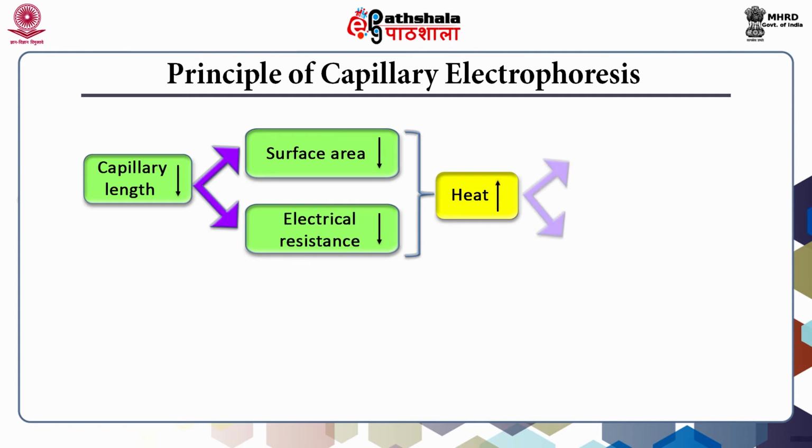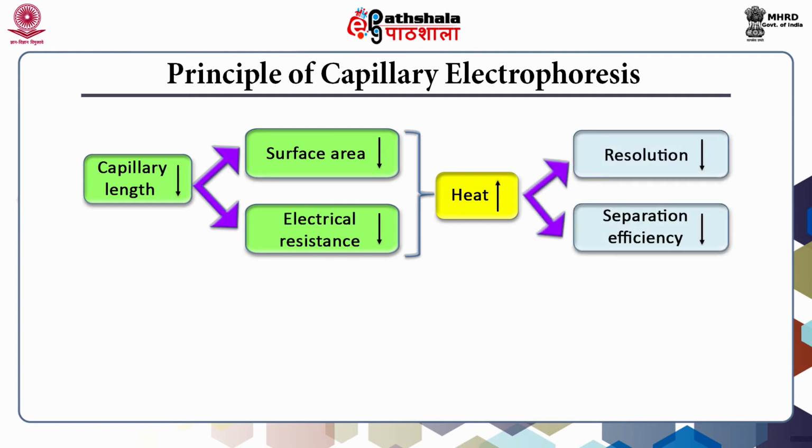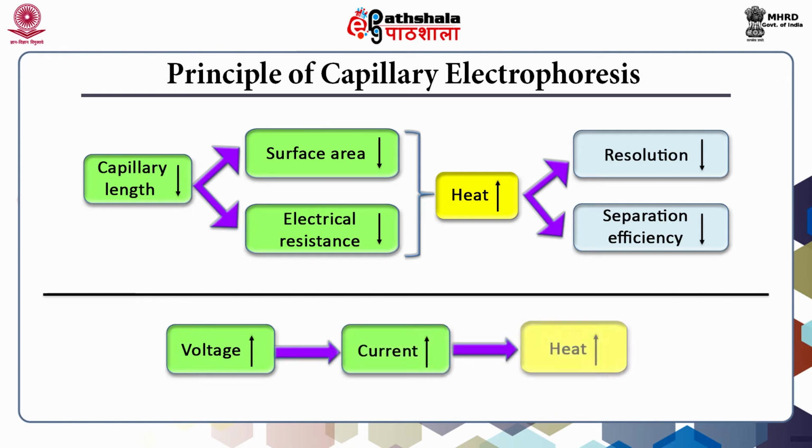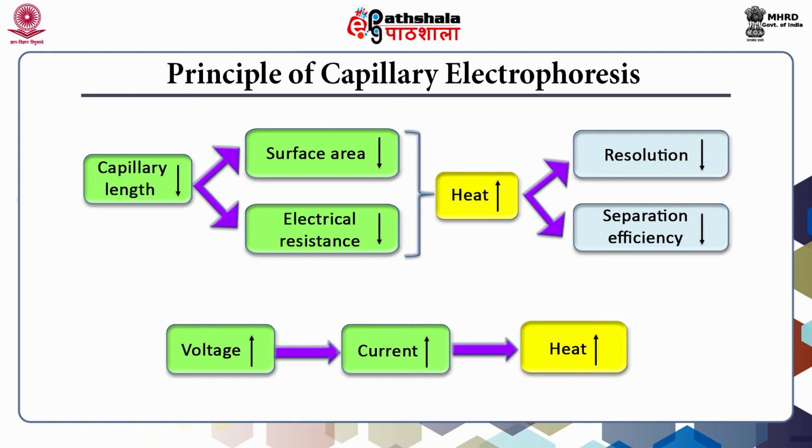This will cause poor resolution. For a fixed length of capillary, if voltage is increased, it will result in increased current and hence heat will again increase. These points are very essential to understand the complexity of the effect of applied voltage and capillary length on resolution.